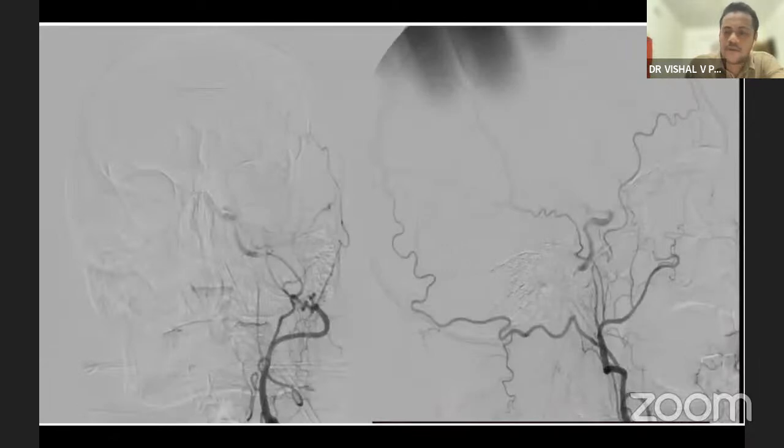And the left common carotid artery shot showing the internal carotid artery is not visible at the proximal part. Distally, from the cavernous segment onward, we can see some streaks of flow, contrast filling, but the M1, MCA and ACA are not at all visible, and only the distal carotid is visible.